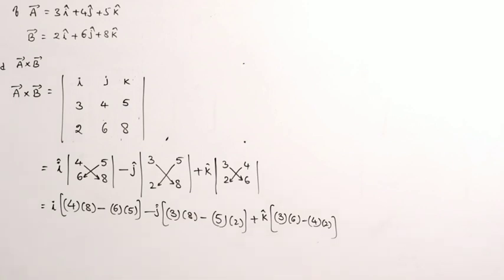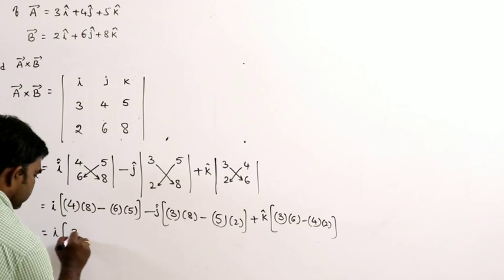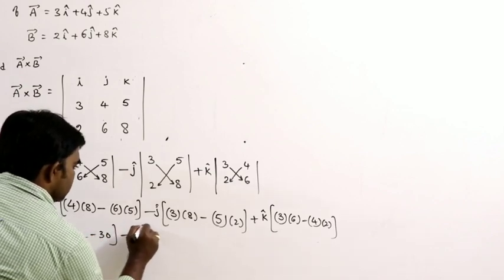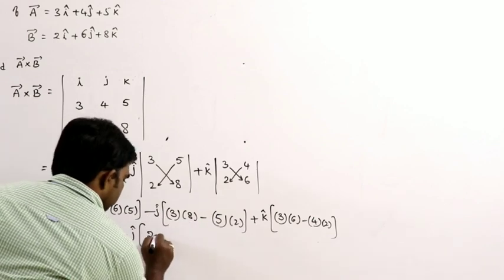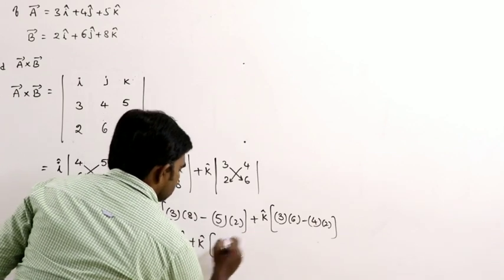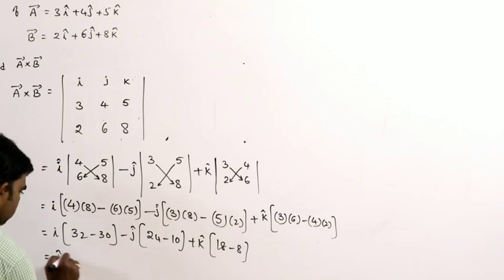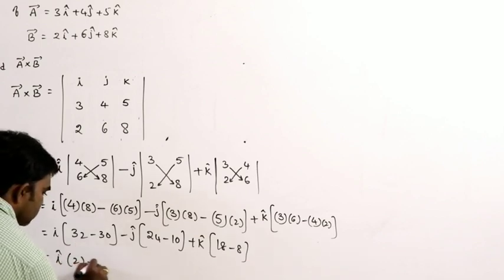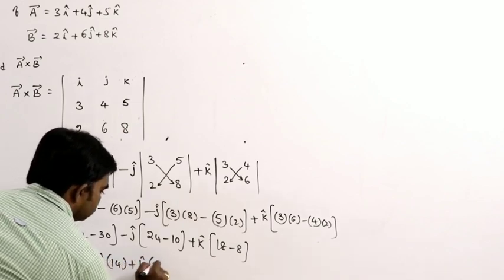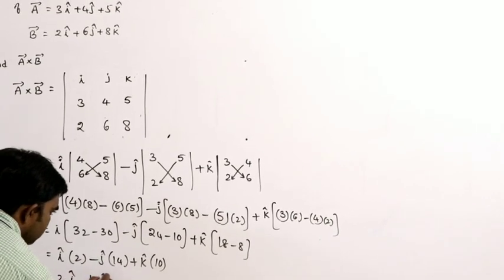So here i into 4 8s are 32 minus 6 5s are 30, minus j into 3 8s are 24 minus 5 2s are 10, plus k into 18 minus 8. So that is i into 32 minus 30, minus j into 24 minus 10, 14, plus k into 10. So this can be written as 2i minus 14j plus 10k.